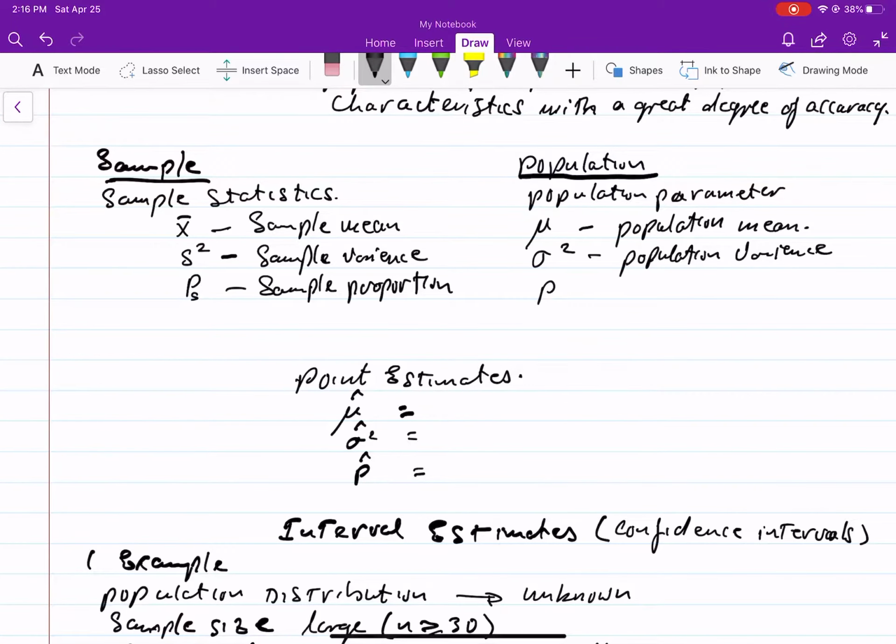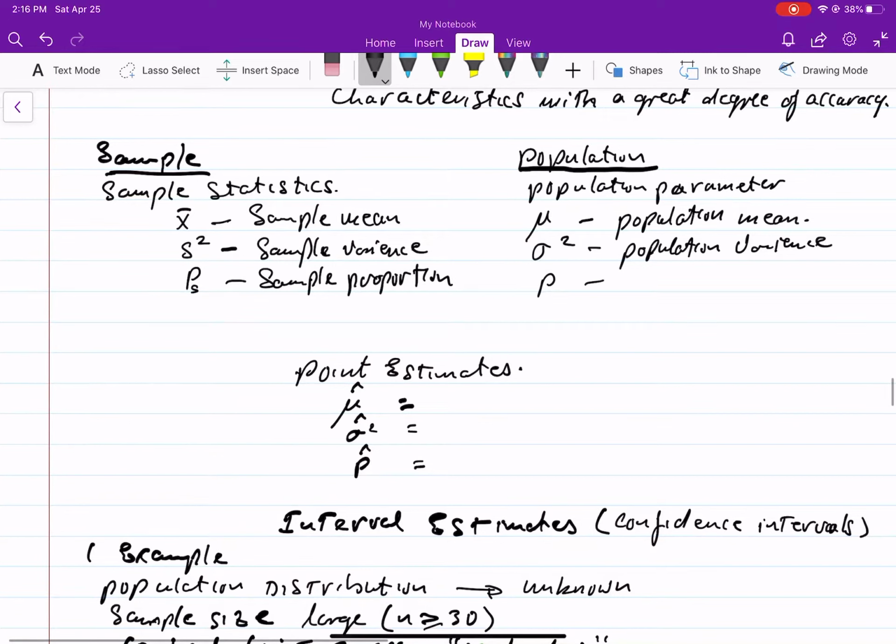And when you're talking about the population proportion, that's given by the letter P. Population proportion. There is a direct relationship between those two, the information from your sample and the values that you will associate with your population.